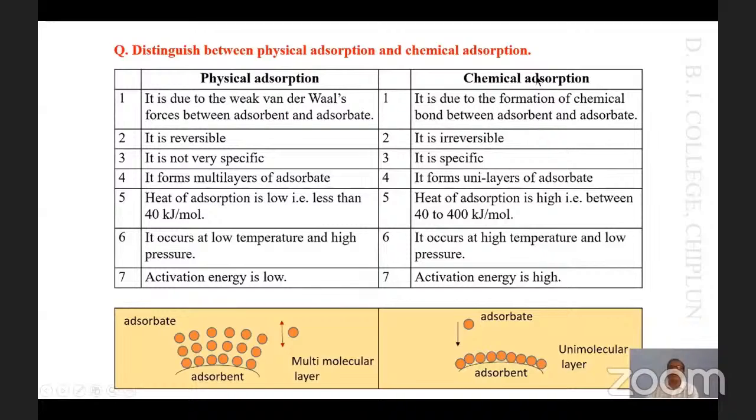In chemical adsorption, see here, the heat of adsorption is high, that is between 40 to 400 kilojoule per mole. The next distinguishing character is that physical adsorption occurs at low temperature and high pressure, whereas chemical adsorption occurs at high temperature and low pressure.